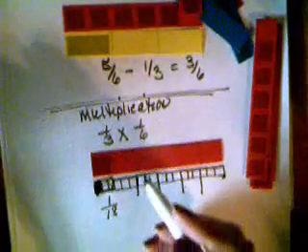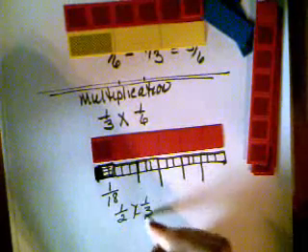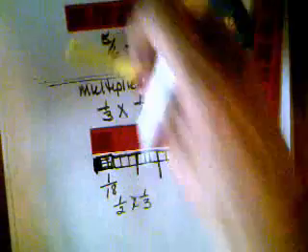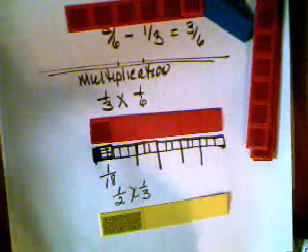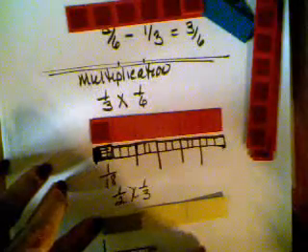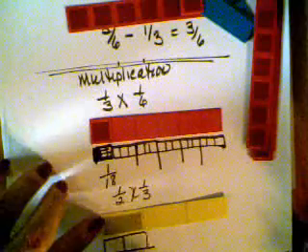Alright, let's look at another example. If we have 1/2 of 1/3, let's take our 1/3 piece and we're going to divide it in a half.